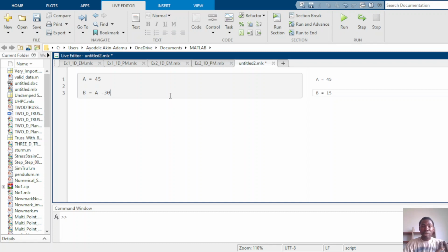Apart from writing the MATLAB code, you can decide to write text in the MATLAB live script environment. To do this, under the Text panel, you click on Text.